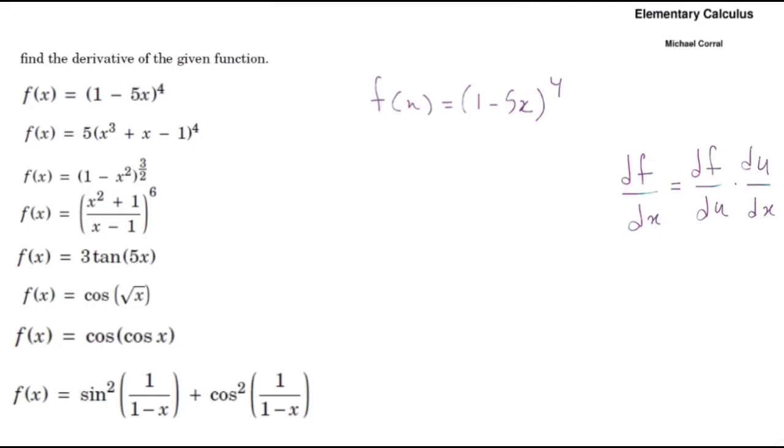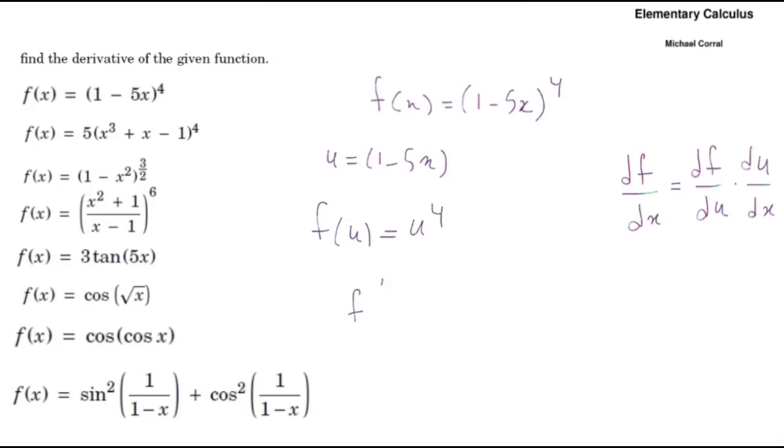Here we consider 1 minus 5x as u, so u equals 1 minus 5x, so f(u) equals u to the fourth power.